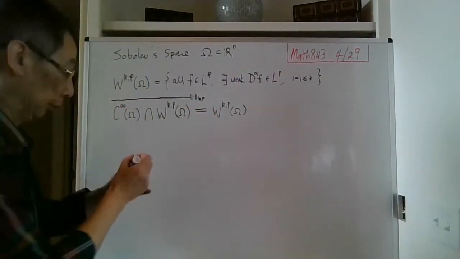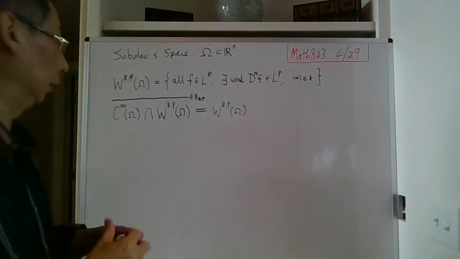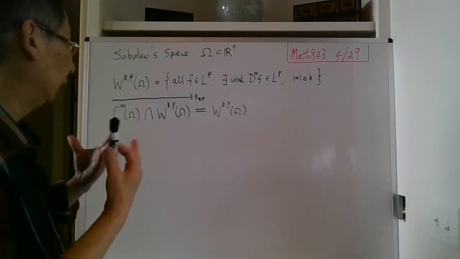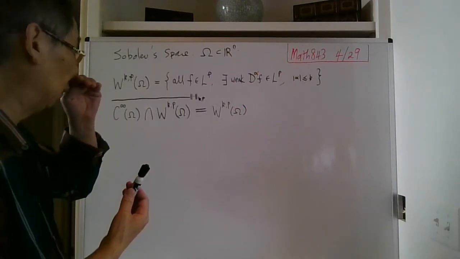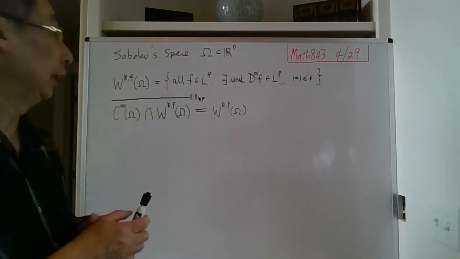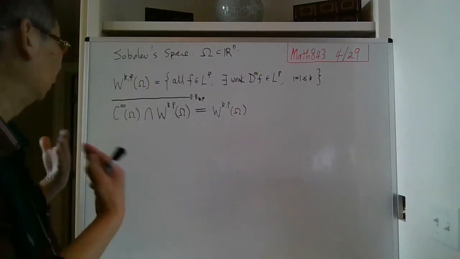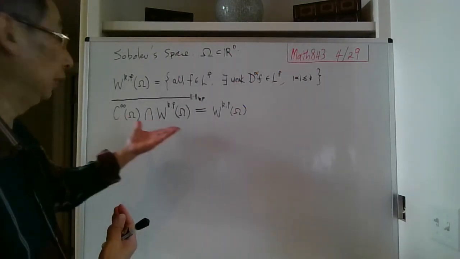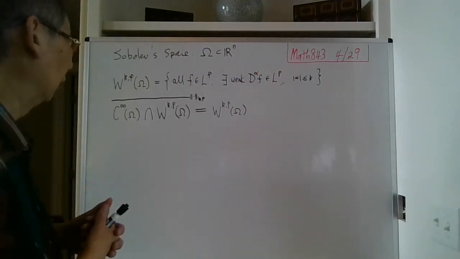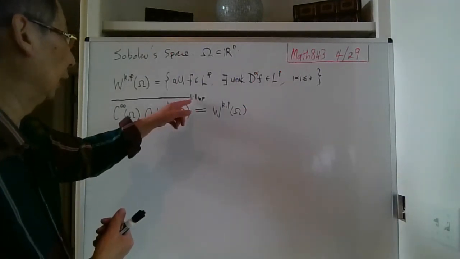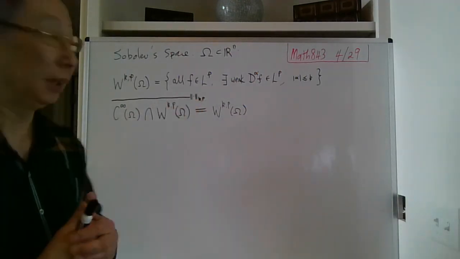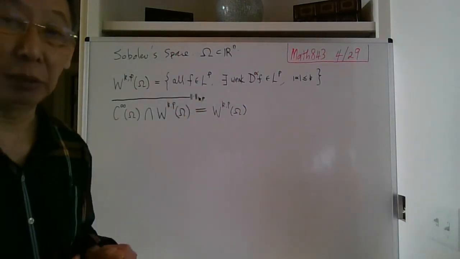Now this is a very important result because in order to handle the W^{k,p} functions, a lot of which are only weakly differentiable, you can first handle the C infinity function. That's sufficient, because afterwards you can take the limit in the W^{k,p} norm sense. Okay, and today we're going to see such an example later.